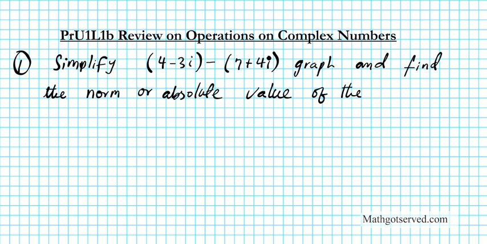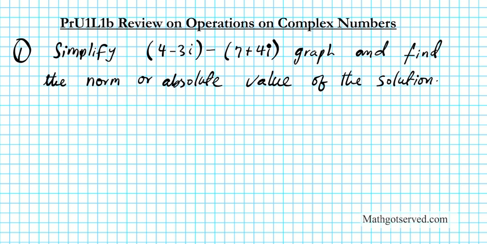Okay, so what we're going to do first is simplify this expression, and then after that we're going to graph the solution and then find the norm or the distance from the origin.